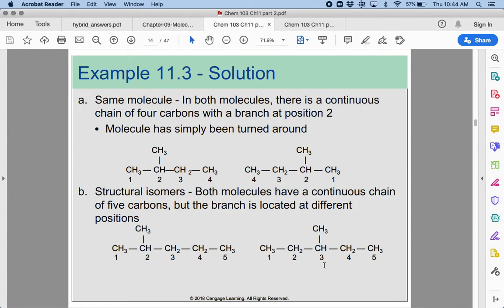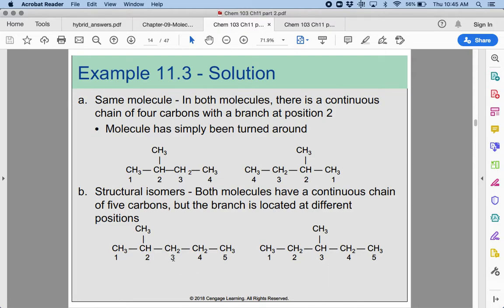If we look at these two, again, we're going to be using this numbering system to help identify which carbon we're talking about quite a bit. When I number this way, 1, 2, 3, 4, 5, the 2 carbon has the CH3 group on it. And if I went 1, 2, 3, 4, 5 this way, the 3 carbon has the CH3 group on it. And you're like, well, up here we switched it. So let's say we started with 1 here: 1, 2, 3. The 3 carbon is still the one with the CH3 group on it.